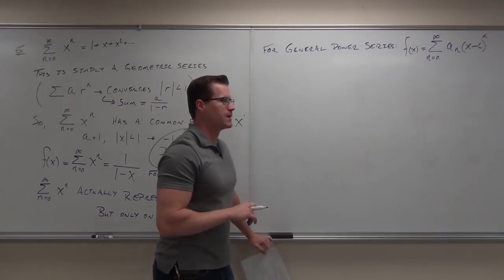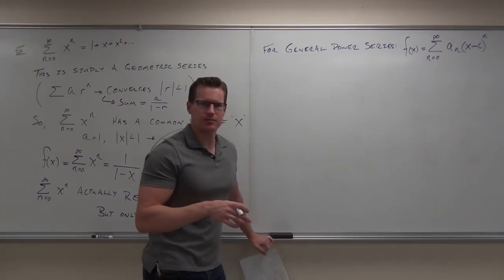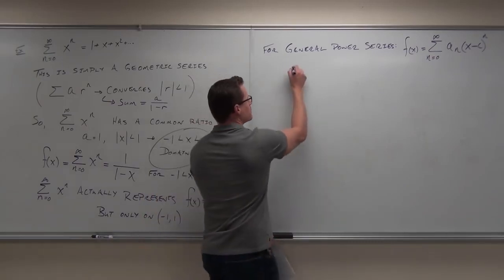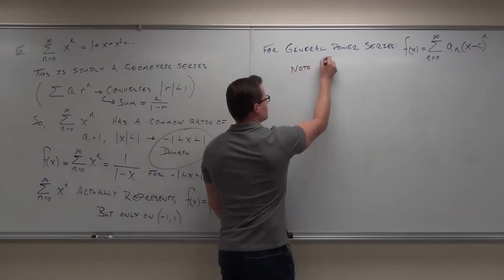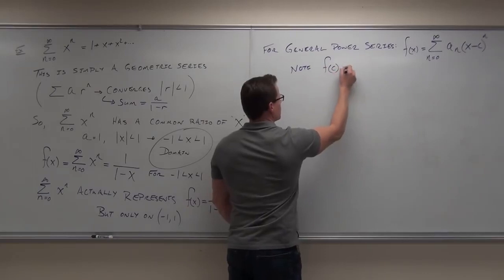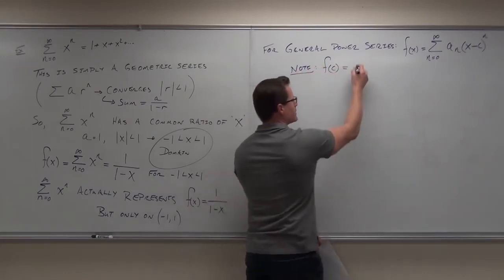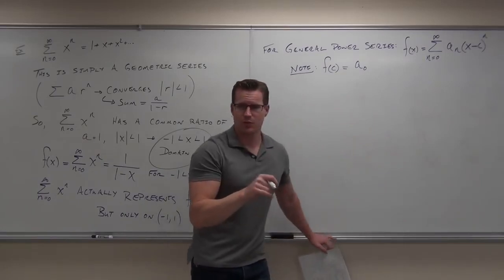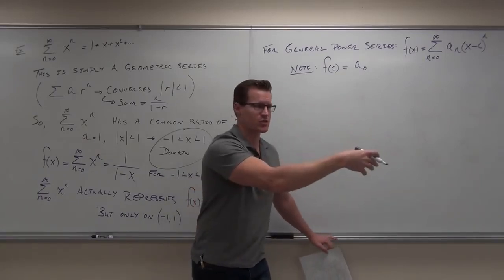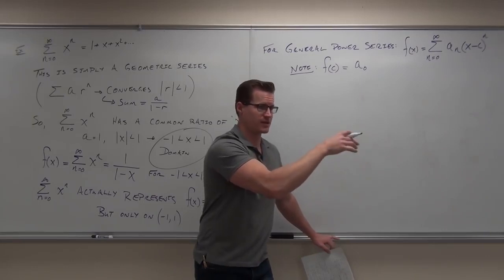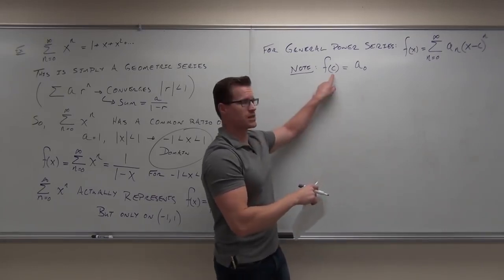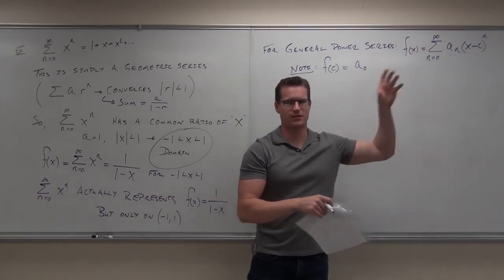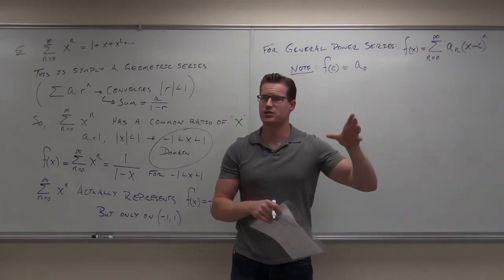By the way, where's this thing centered? C. Do you understand that if I plug in C, all I get is a sub 0? Does that make sense to you? If I plug in C, everything else besides the first term is gone, because you have x minus C. If x is C, then x minus C would be 0, 0, 0, 0, 0, 0, 0. All I'd have is a sub 0 first. That's defined as your center.